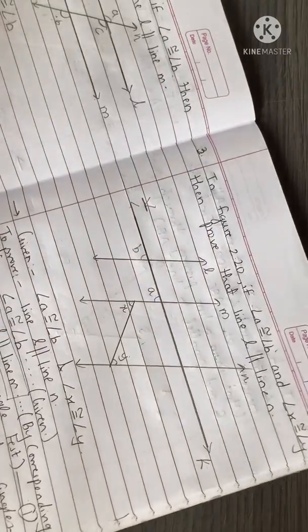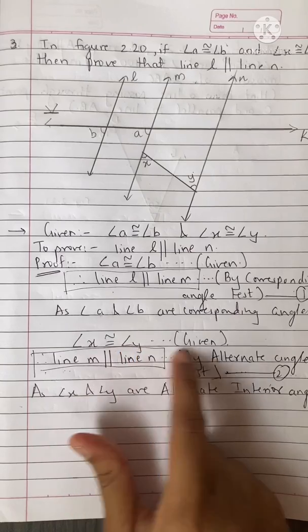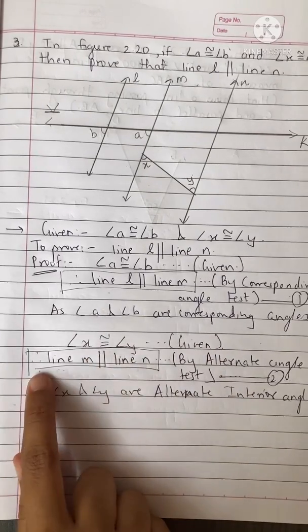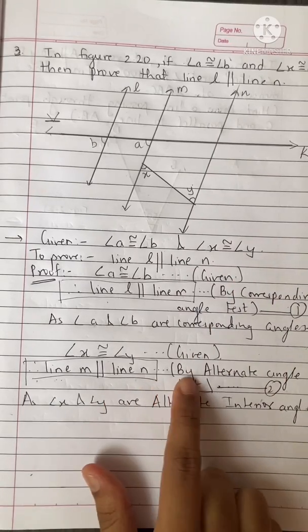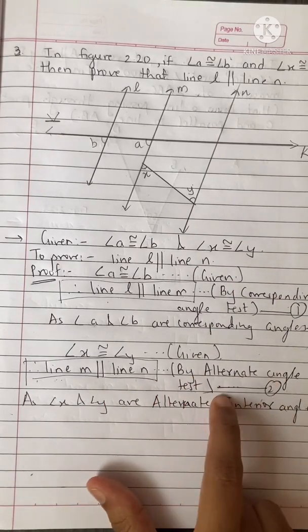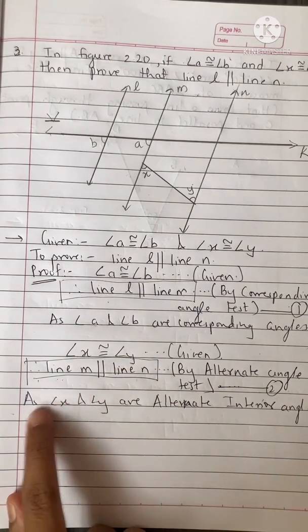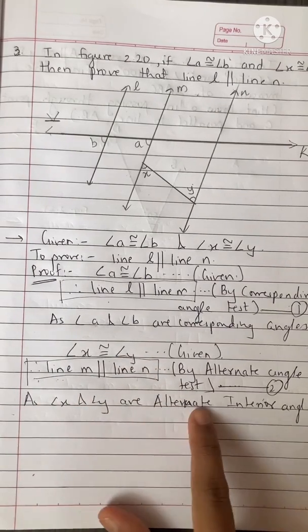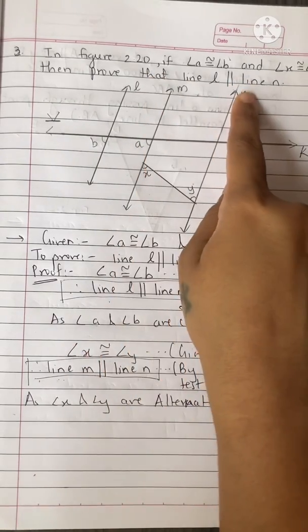So here I have already written that if angle X is congruent to Y, which is already given in the question, therefore line M is parallel to line N. By which test? By the alternate angle test, because X and Y make alternate angles. So I have written here that angle X and angle Y are alternate interior angles. So that's why M is parallel to N.